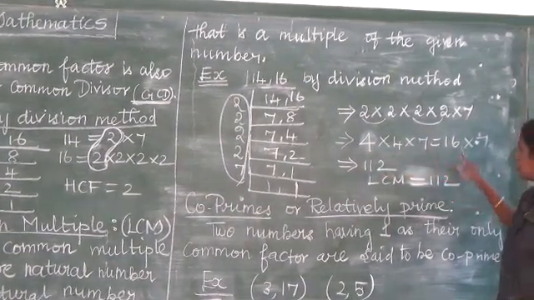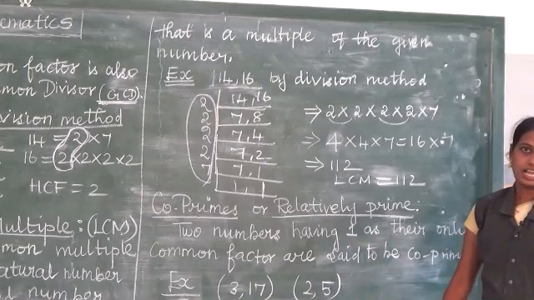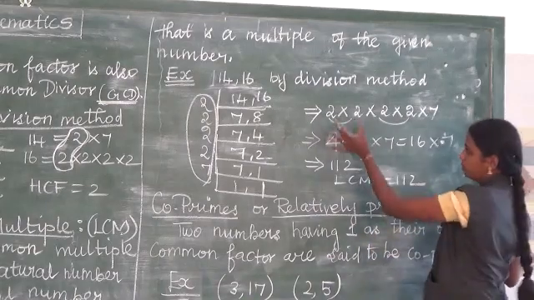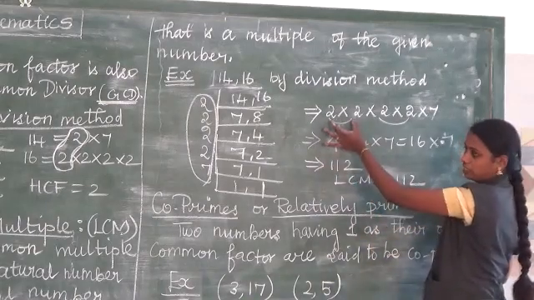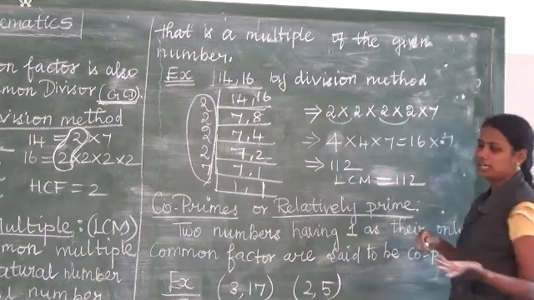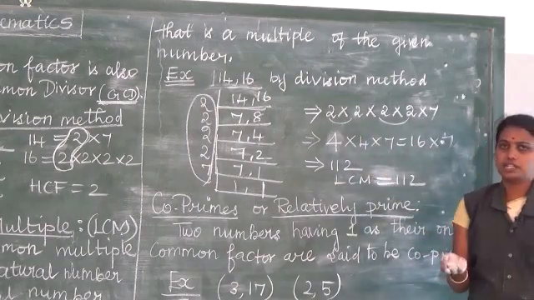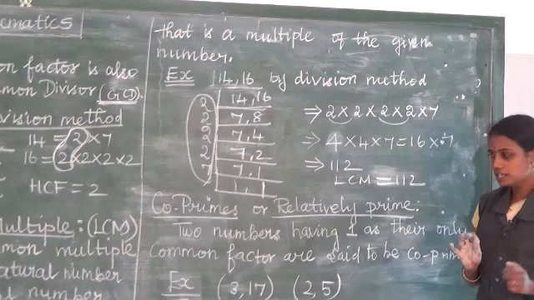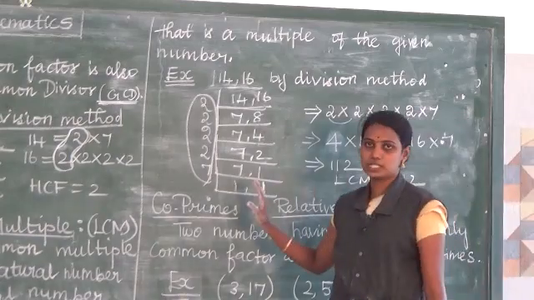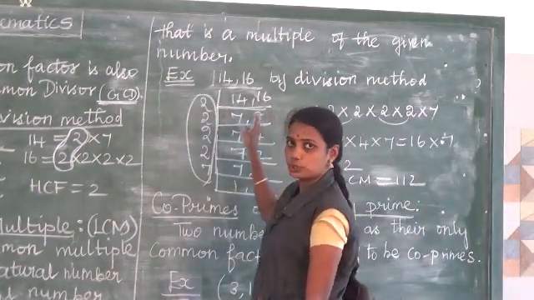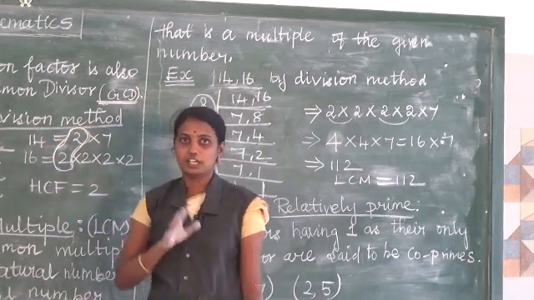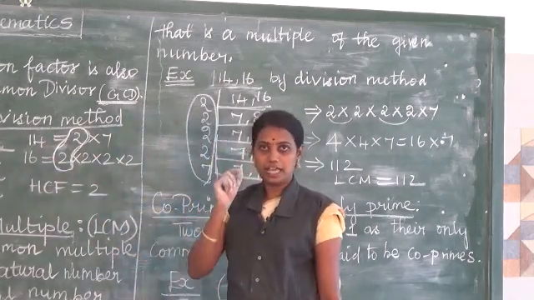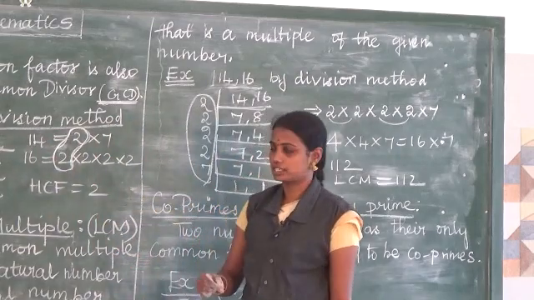Then 4 4s are 16, 16 7s are 112. You can multiply in any order, the answer will be the same. This is LCM. So LCM means follow the together method, and HCF means go separately and find the common factors.